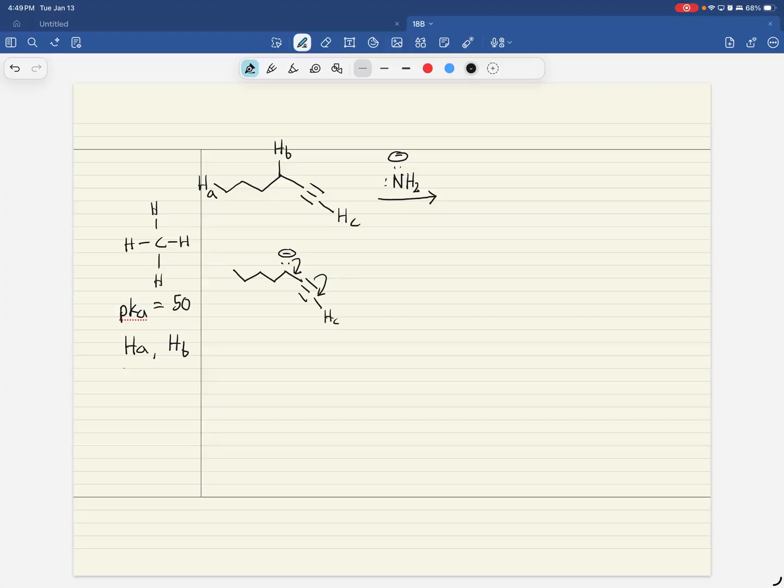Well, what's the bad thing about pushing it onto that carbon? Will carbon necessarily stabilize that charge? Is carbon good at stabilizing a negative charge? Where's the negative charge going to be? Right here.